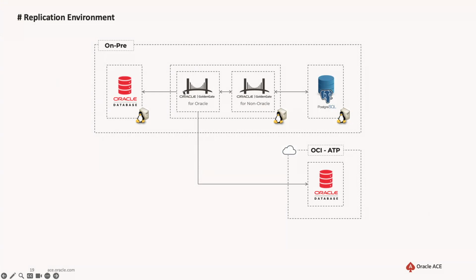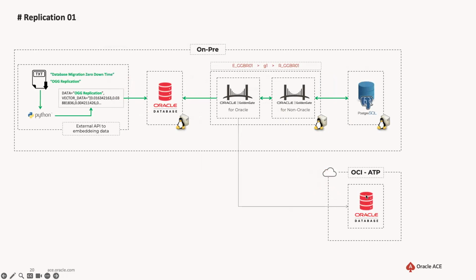We have an on-premise environment with an Oracle database and a Postgres database, and also two GoldenGate deployments, one to capture data from Oracle and the other to deliver and capture data from Postgres. And we also have a third database in OCI, in the cloud. And in this first replication step, we're going to get some data from an external API.